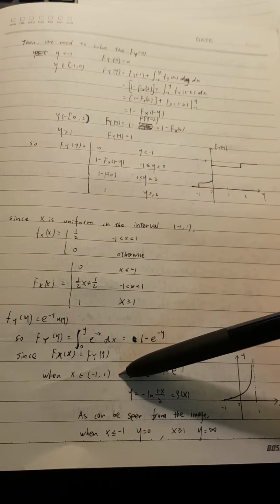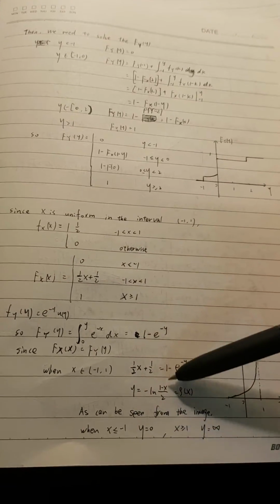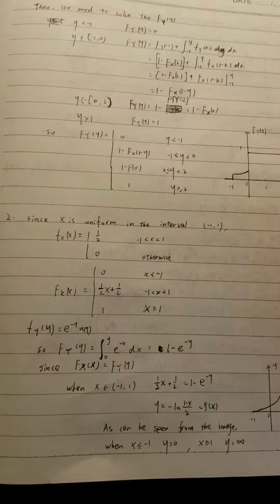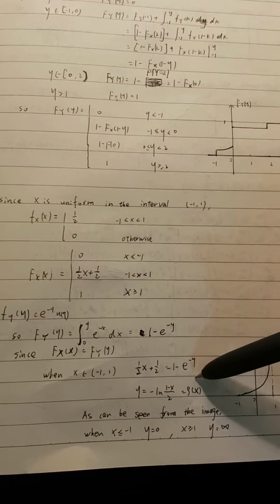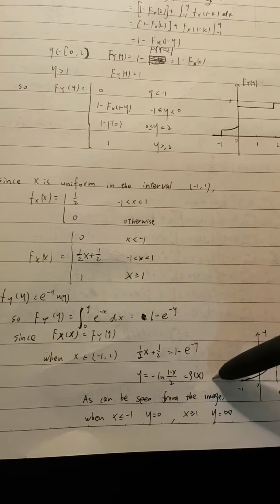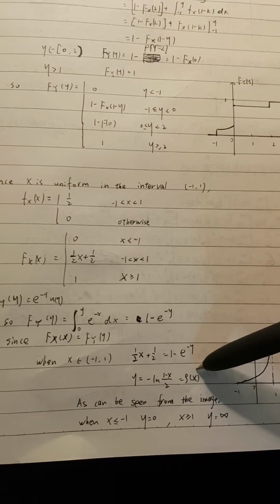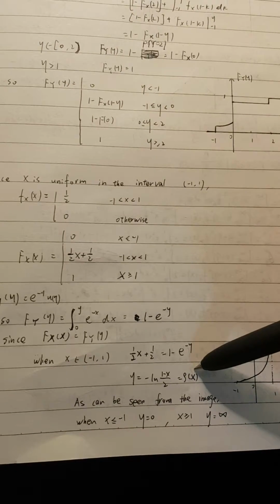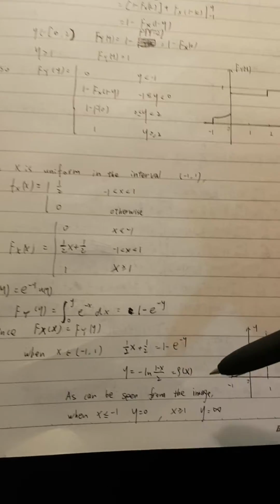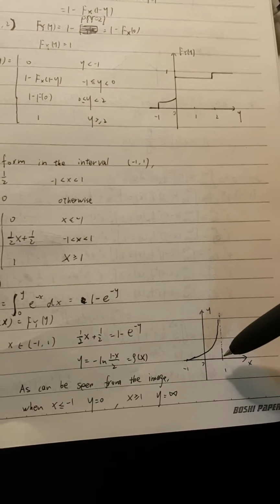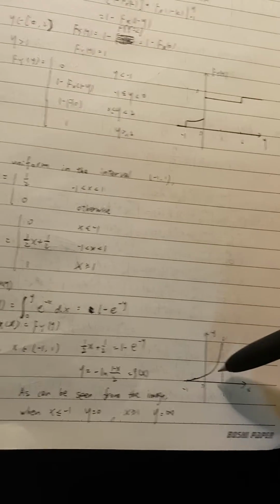And when x belongs to -1 to 1, here is the equality, and this is g(x) when x belongs to -1 to 1. And we could see the image of g(x).